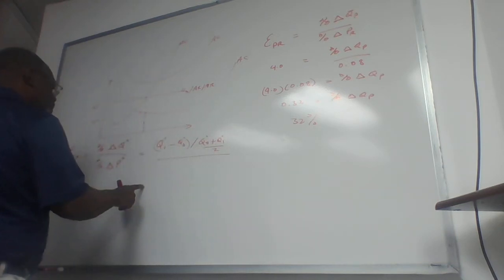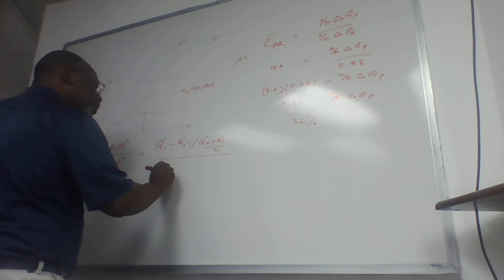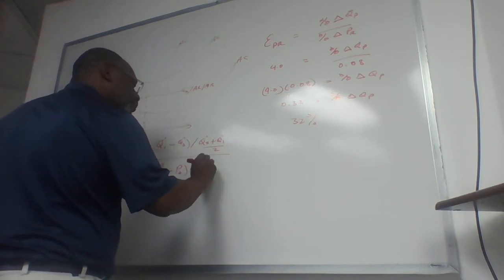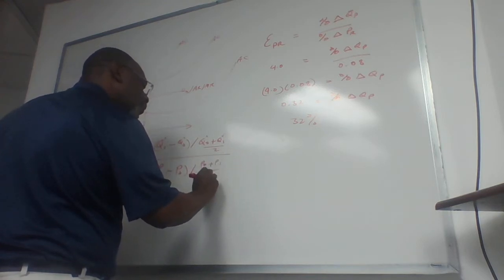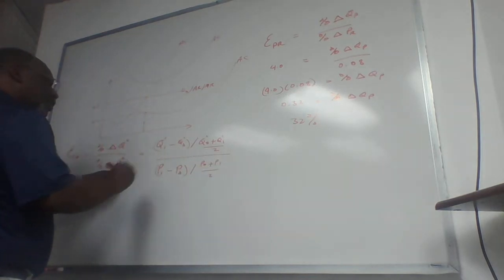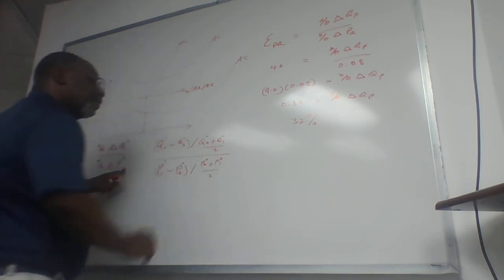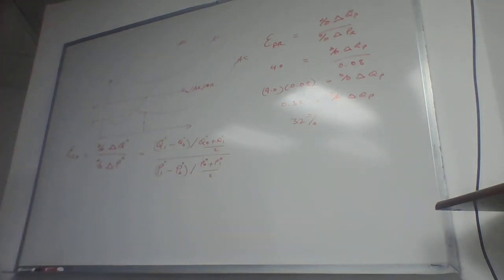And P1 minus P0 divided by P0 plus P1 over 2, and all of these are oats. All right, so we just plug and chug then.